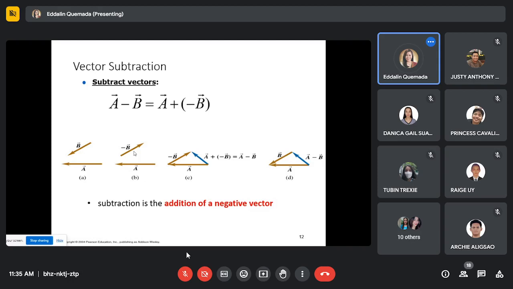B is southwest. The negative of vector B is northeast. Opposite, yes. As I have mentioned earlier, the negative of a vector means that the vector points in the opposite direction, but its magnitude is just the same. Is that clear?